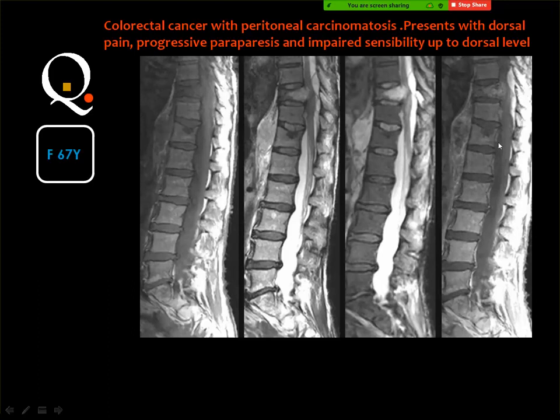And if you inject contrast material, you get some enhancement. But what is very important in this particular issue is the presence of associated soft tissue components, either inside the spinal canal or in the prevertebral region.